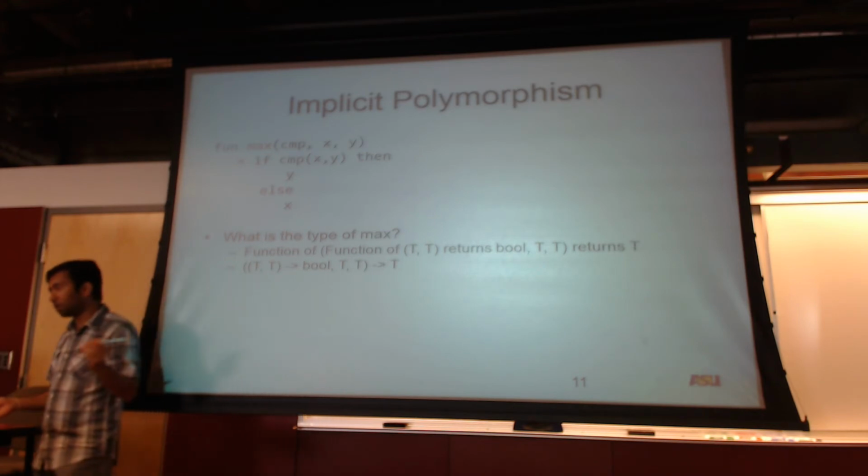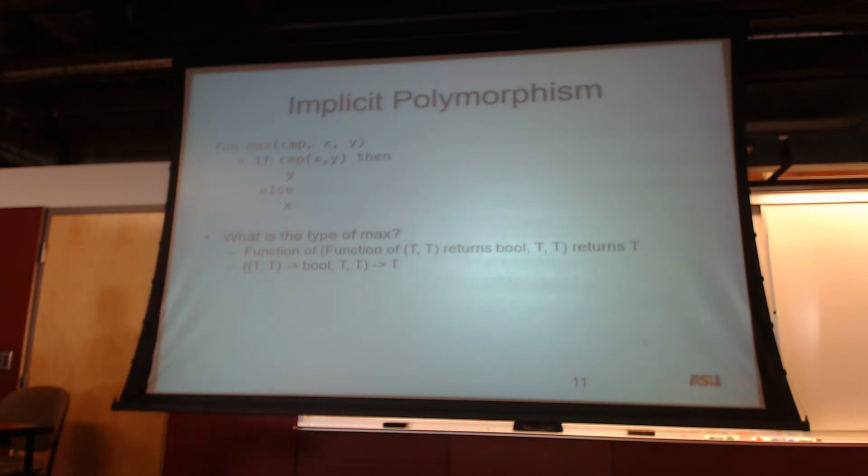So that is the format that we use. We can call it like this: max less than 10, 200. We can call it like this, and we'll get the value. What will we get? 200.